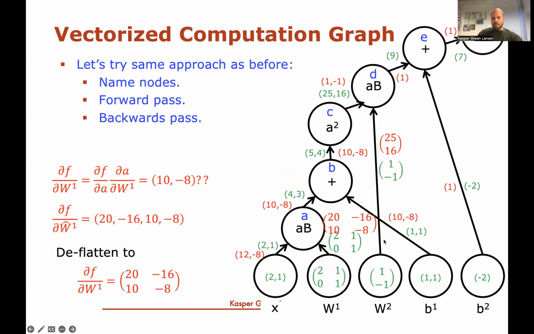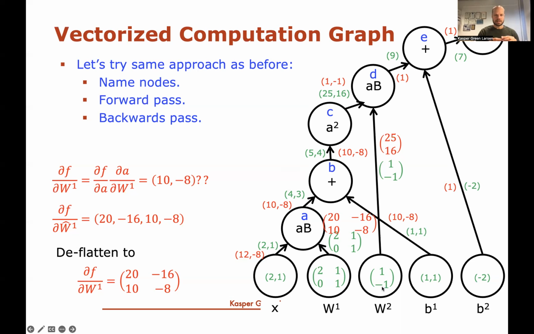And all we need to do is basically flatten again, because this is now a column vector. So if we flatten the column vector into a row vector and just do the same rules that we already did, and then afterwards deflatten it again, we're going to get a column vector instead.